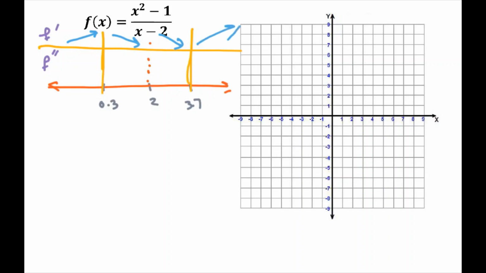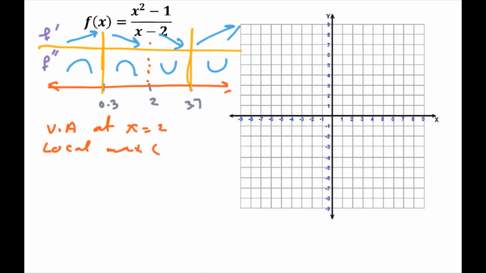Concave down all the way to 2 and up after 2. Now I remember I have a vertical asymptote at x equal 2. I have a local max at 0.3, 0.5, local minima at 3.7, 7.5.